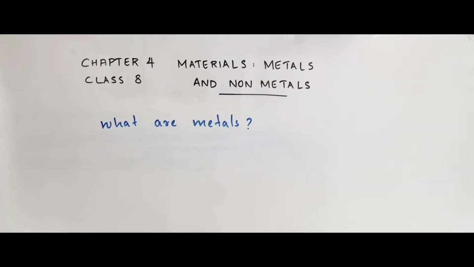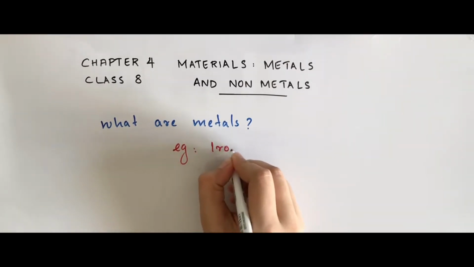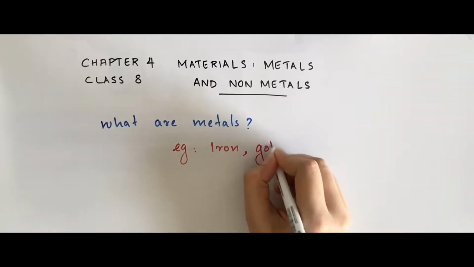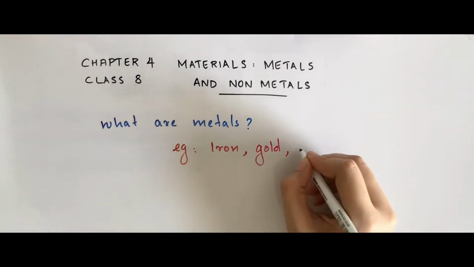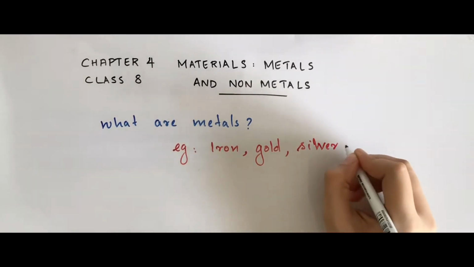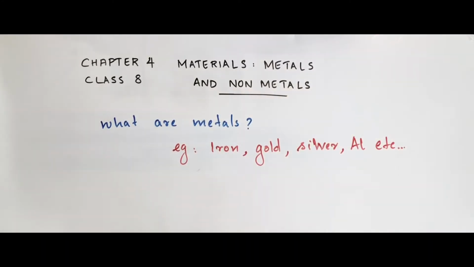What are the examples? A very common example is iron, which is a naturally occurring element. Next one will be gold, which you're very familiar with. Next will be silver, aluminium. These are very common examples of metals.